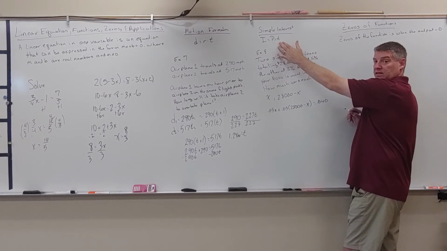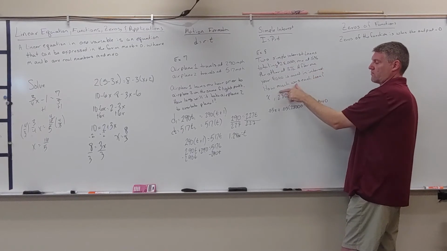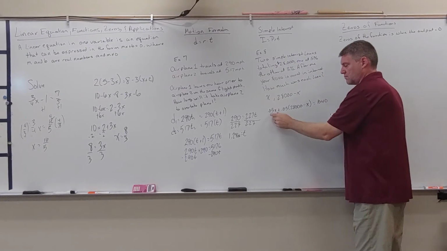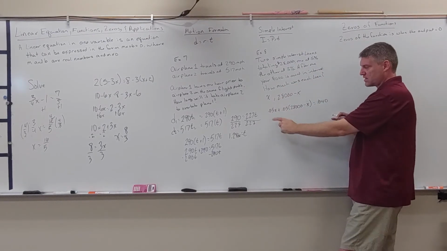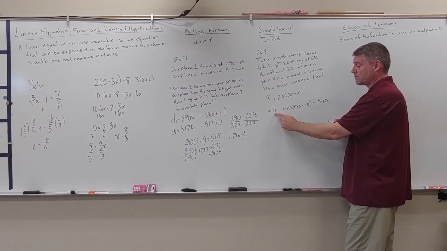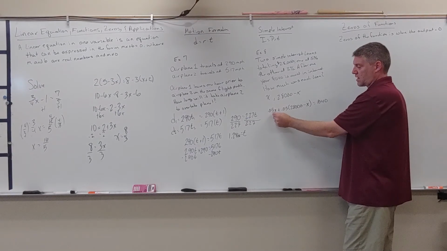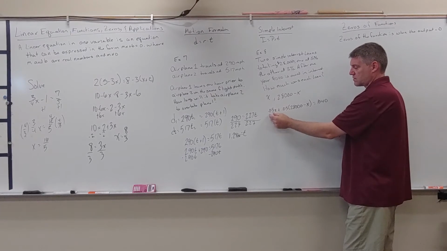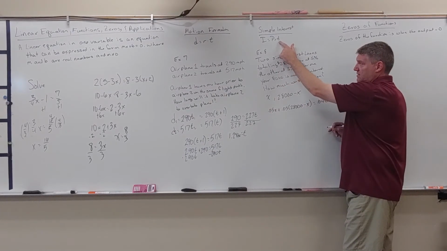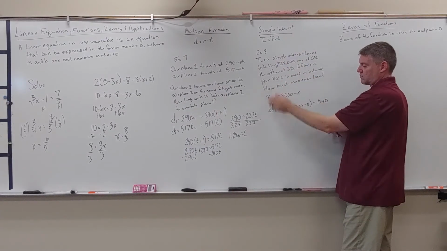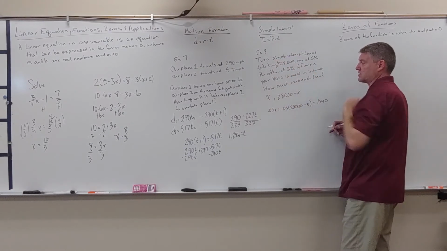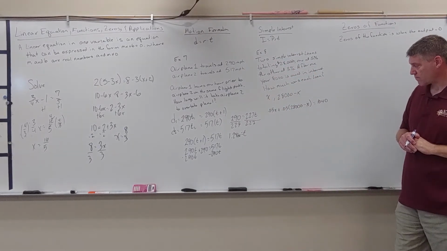I actually did. The t is 1 year. So technically, it's 0.05 times my time, which is 1, which gives me 0.05. X is my principal, okay?